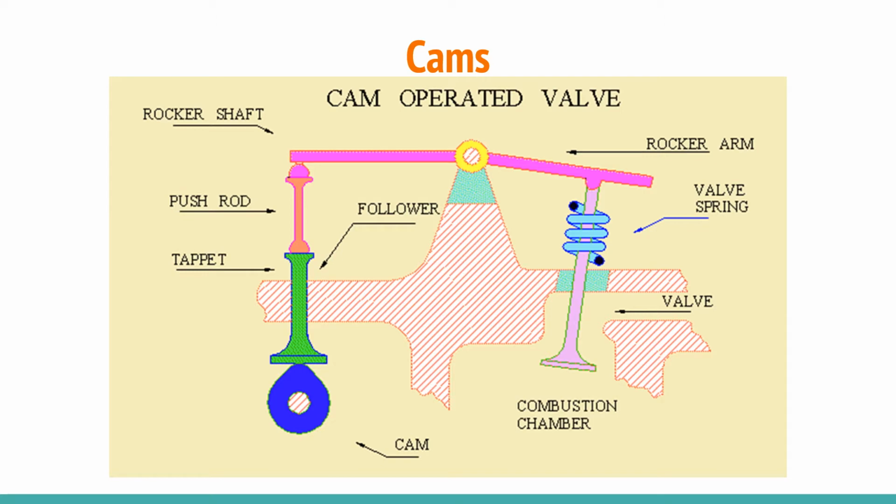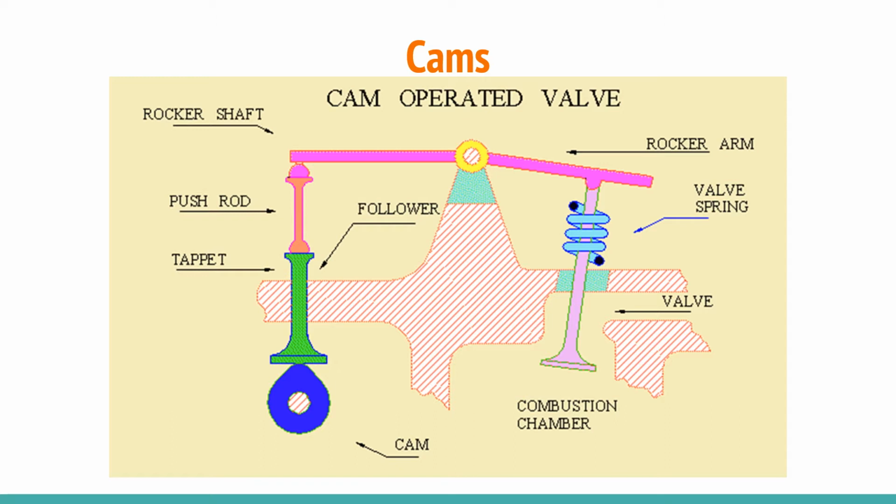The cam is used in any number of machines. One of them is the cam operated valve in 2-stroke and 4-stroke engines. In that engine, the valve is operated by means of a cam. This is the schematic representation of that cam operated valve.